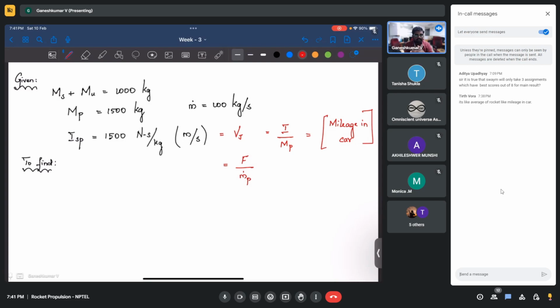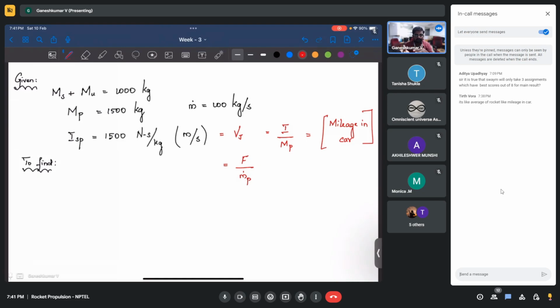Okay, so basically ISP is a figure of merit for the rocket. Please understand, ISP is going to determine whether that rocket is useful or not. If you have a low ISP compared to the present rockets, people are not going to use that rocket, whatever you develop.